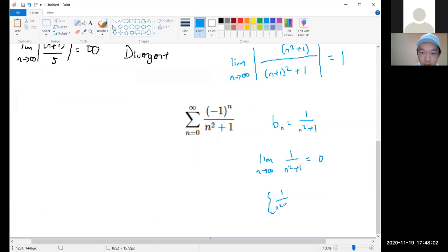So 1 over n squared plus 1. Yeah, I think this one's obvious enough that it's decreasing, right? Because as n gets larger, the denominator gets larger, so it's definitely decreasing. So we can say that this is convergent.